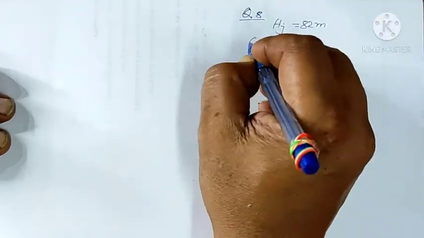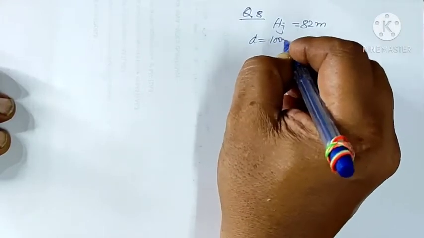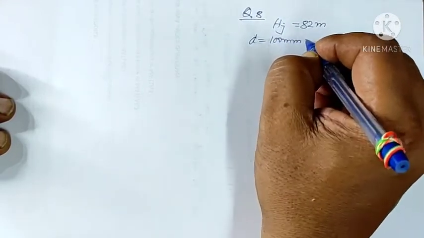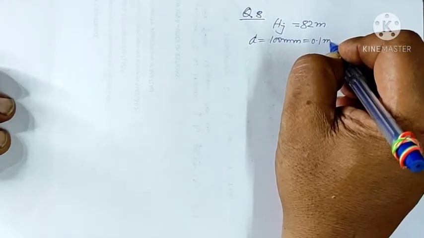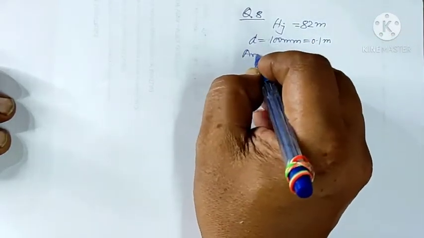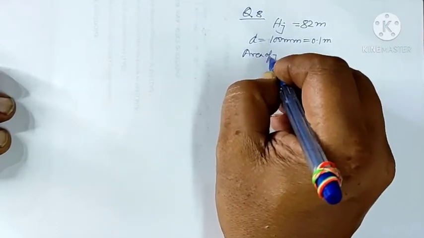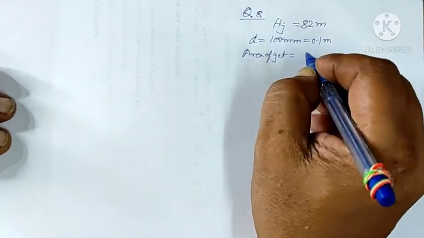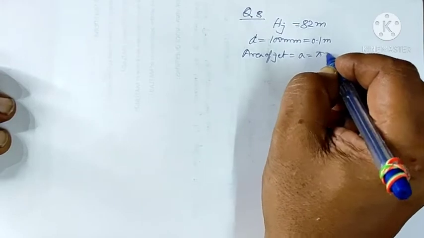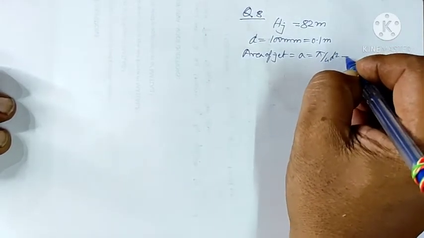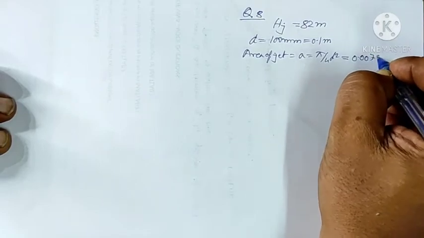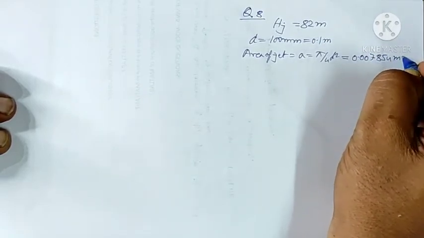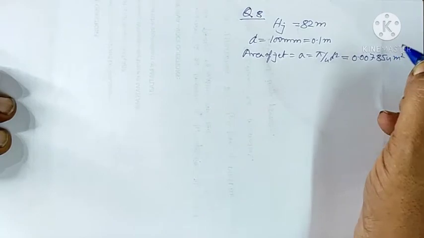The diameter of the jet is equals to 100 millimeter, is equals to 0.1 meter, and area of the jet, if we wish to calculate, then it will be equals to A equals to pi by 4 d square, that is 0.007854 meter square, that is the area.